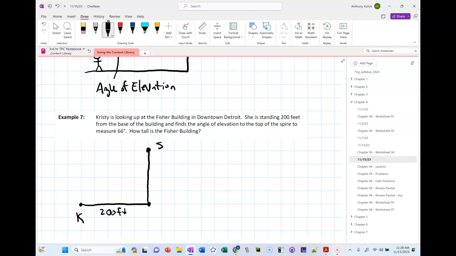We're asking for how tall is the building, so I'm going to label that X. And then we say the angle of elevation from Christy to the top of the spire is 66 degrees. Where should the 66 go? Okay. In between K and the horizontal, right? Now, there's one other assumption that we should make in this picture.